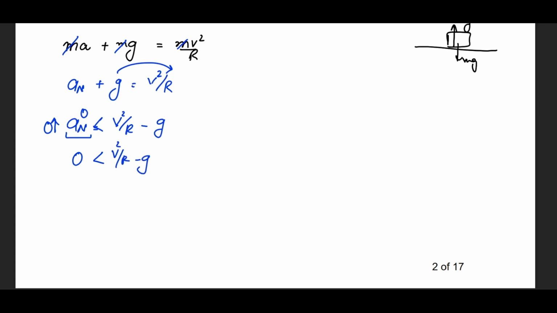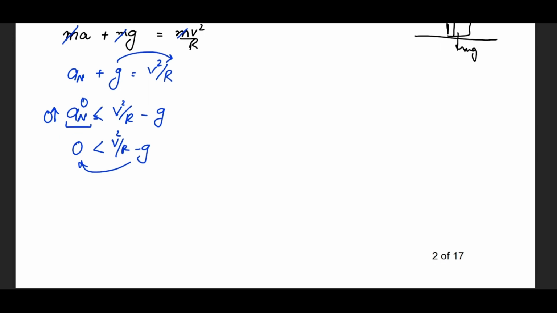So when that goes over there, this means that g is less than v square over r; this should be greater than this. So our final answer should have been greater than 9.81 meters per second square. Let's calculate the centripetal acceleration.